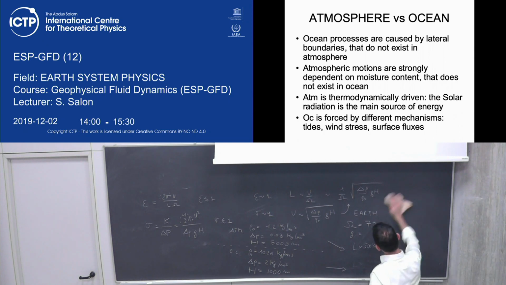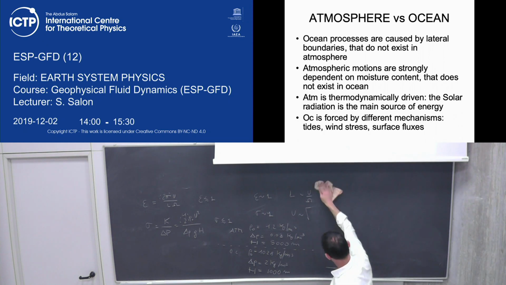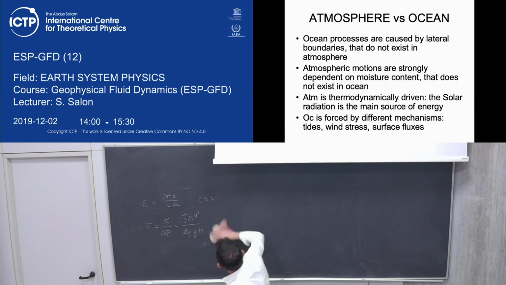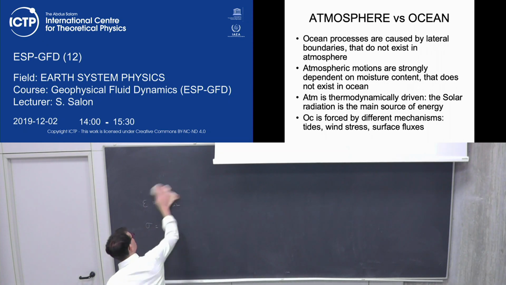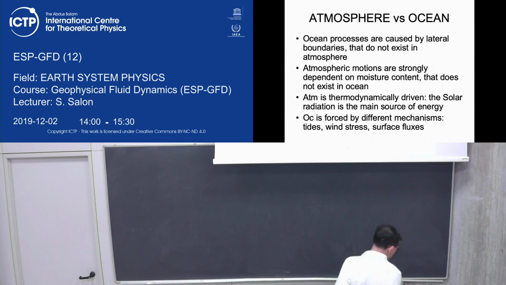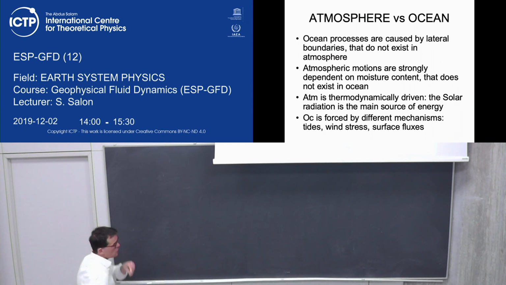So now let's start to see how our equations will work, because you already worked with the equations during the course of Riccardo Farnetti. So we said that we are interested in looking within the GFD phenomena. GFD phenomena act on the Earth, which is rotating.